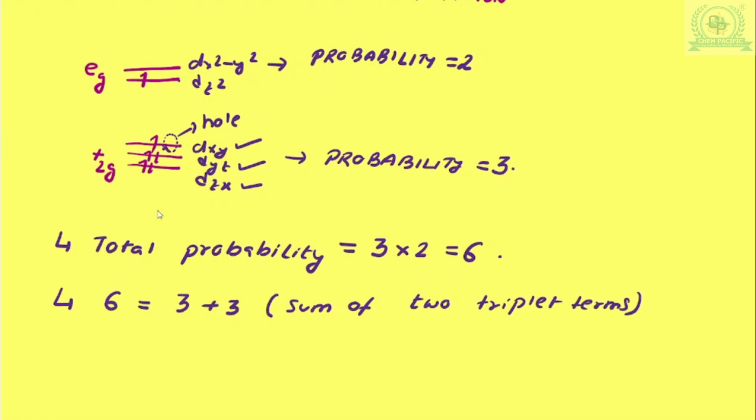So I said earlier that triplet means T. So two triplets came, T1 and T2. Since this is octahedral, centrosymmetric, it has G, and the term that split was 1I, so the multiplicity is 1.